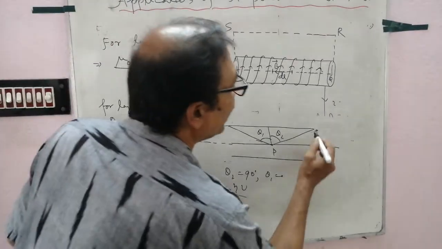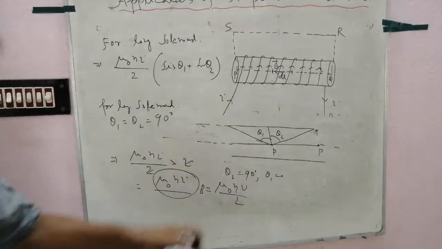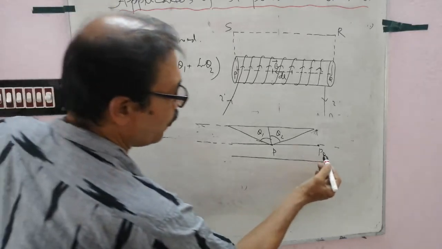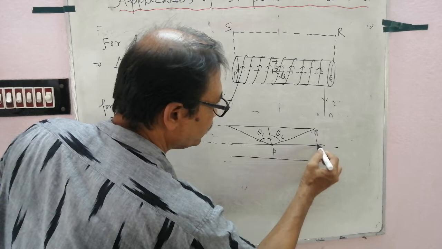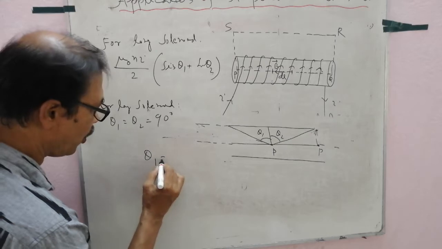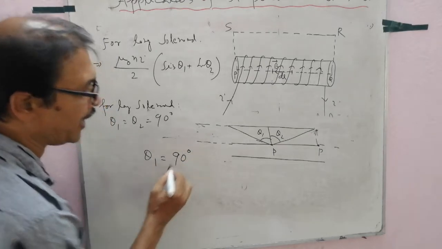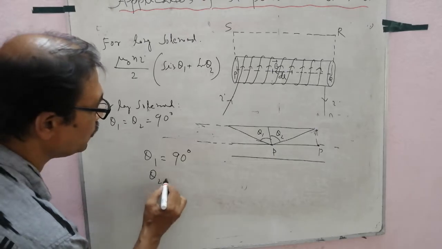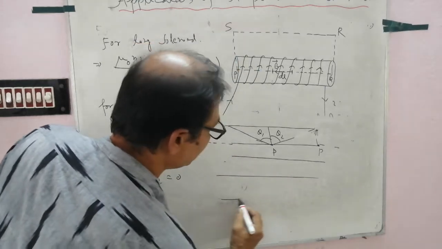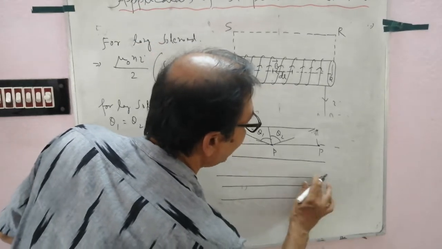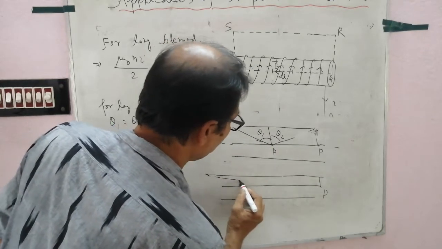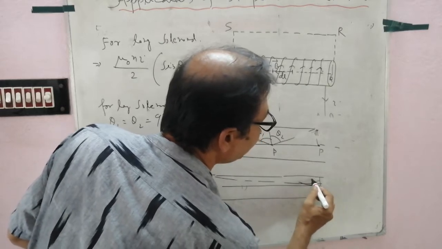Now the magnetic field at one end of the solenoid, for an infinitely long solenoid. Follow this point P here: theta 2 is 0, but theta 1 is 90 degrees. Follow this figure. Suppose this is P. This is theta 1.